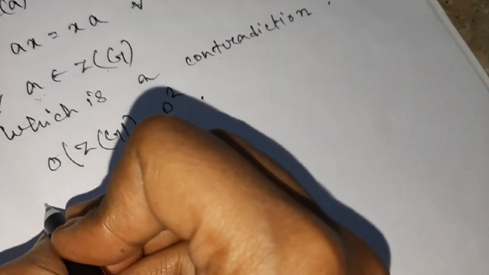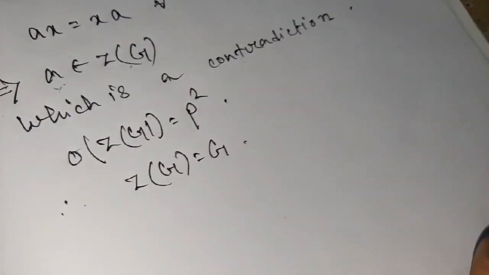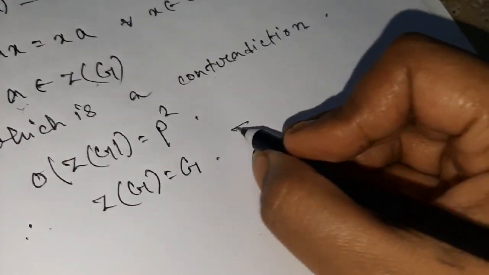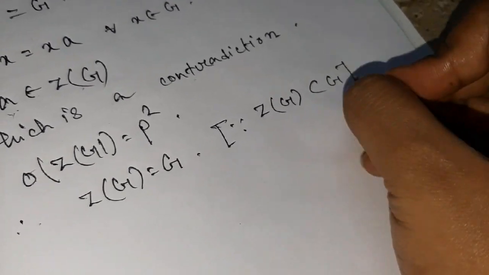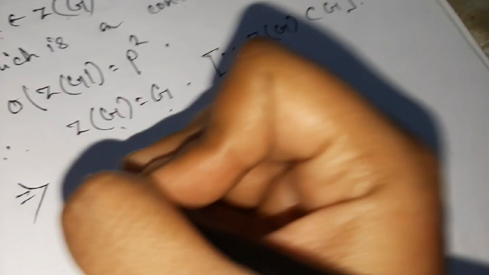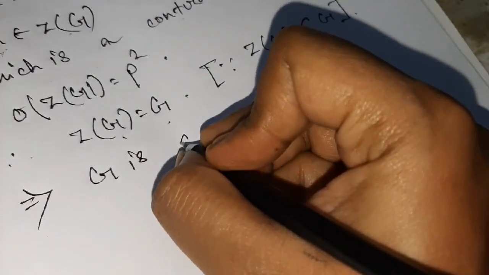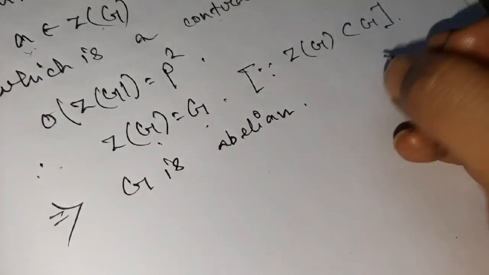As it is P square, therefore ZG equals G. Since ZG is a subgroup of G, ZG equals G, that implies G is abelian. Hence proved.